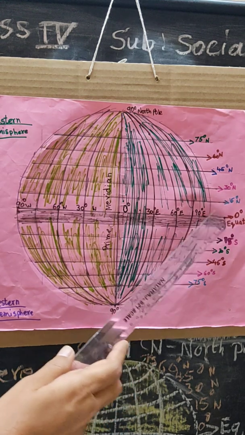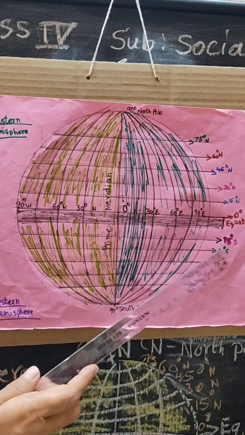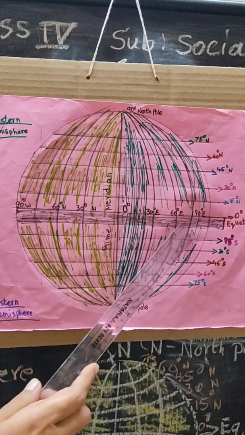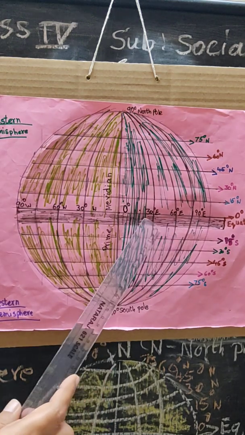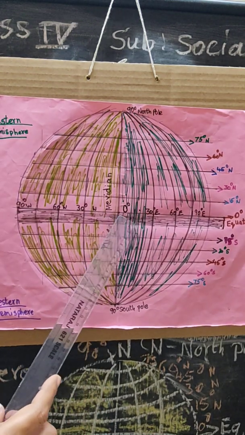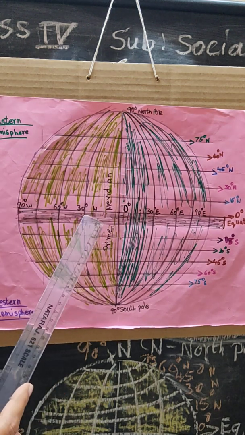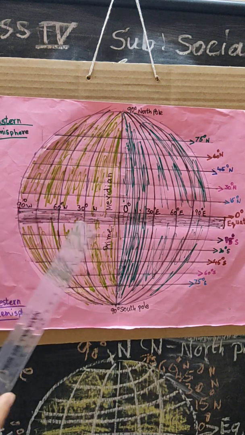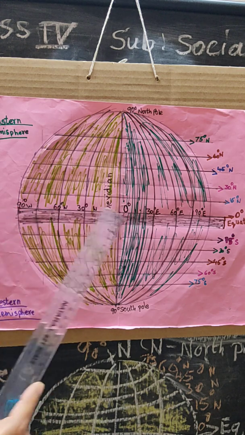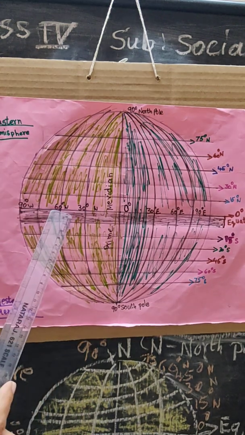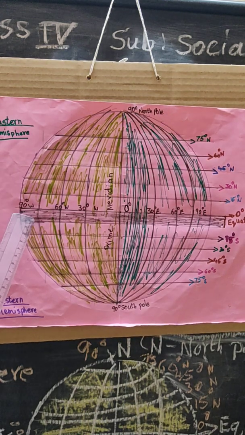Now this is the east side: 90 degrees, 60 degrees, 30 degrees, and here in the middle, that is 0 degree. Here again from this side, the western side, again 30 degrees, 60 degrees and 90 degrees.